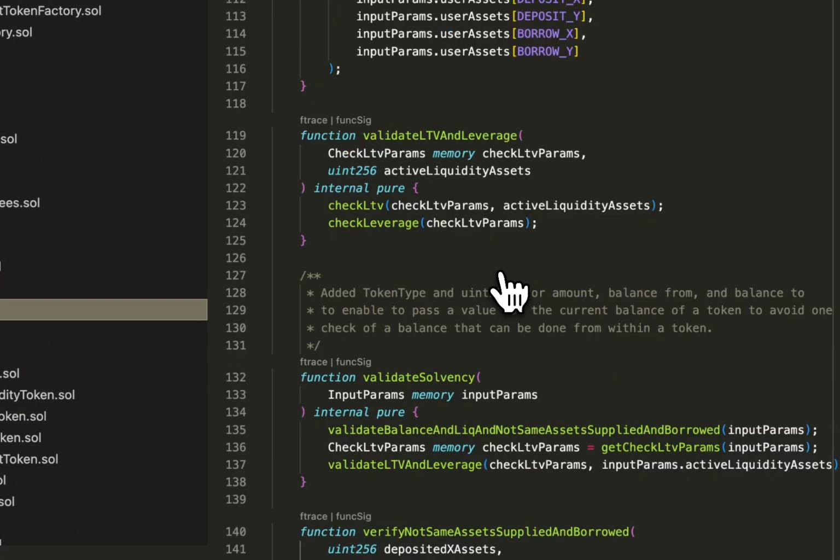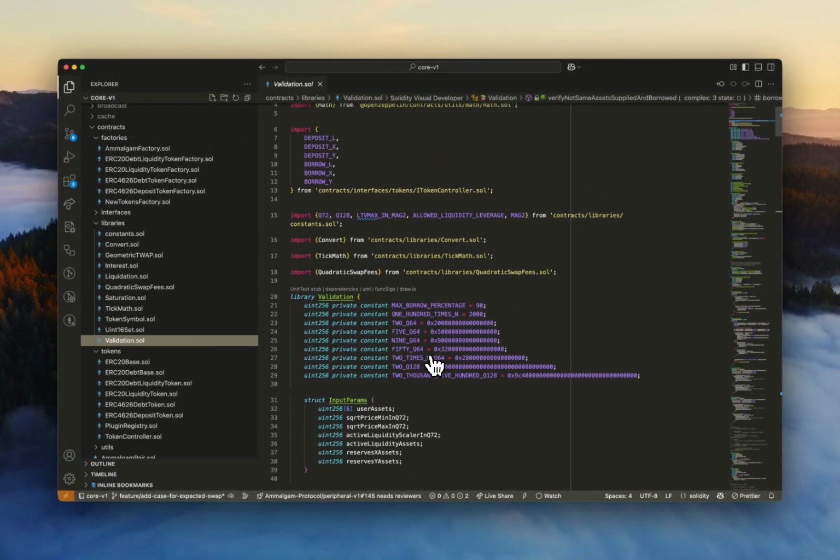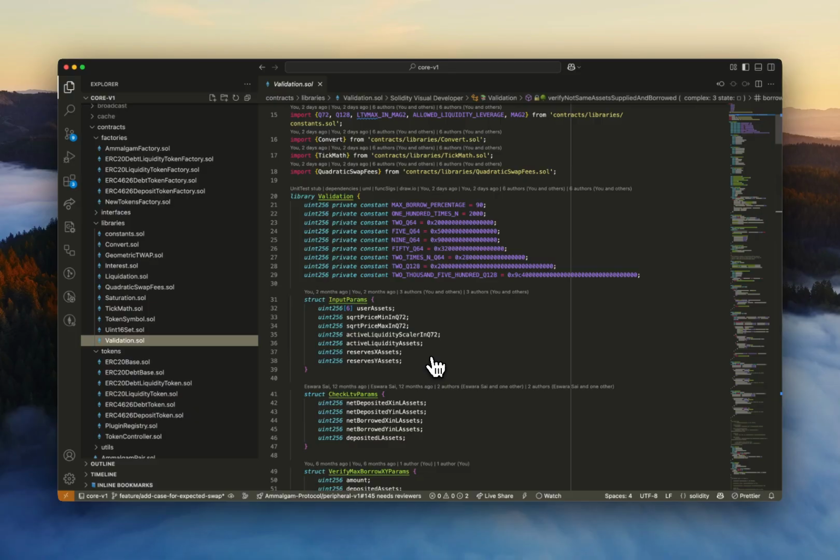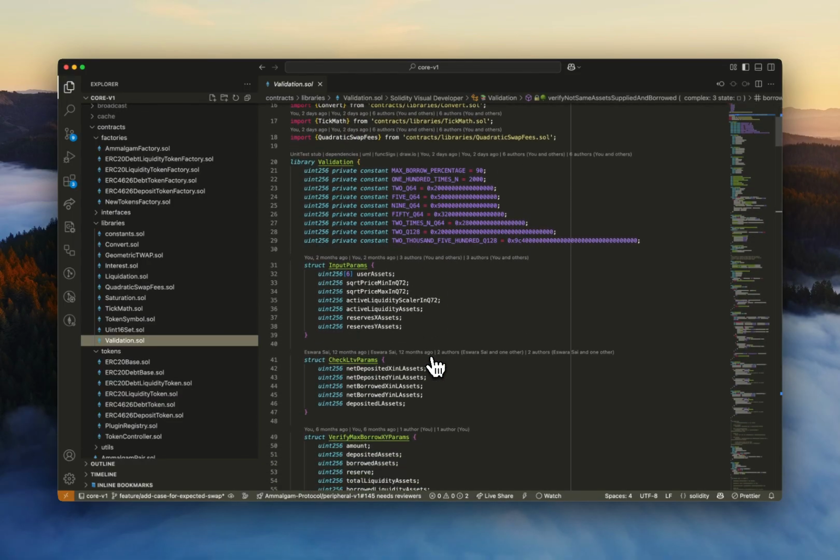And then validation is where we compare the debt to the collateral to determine whether it meets the loan to value. And this gets reused in a lot of different places.